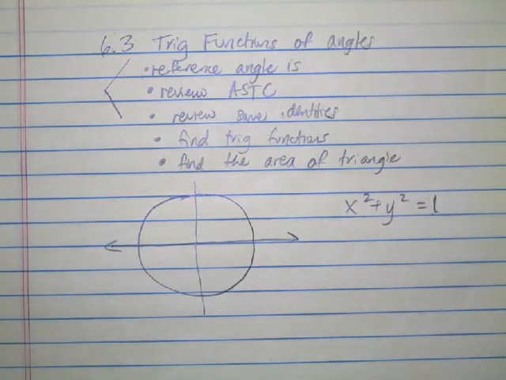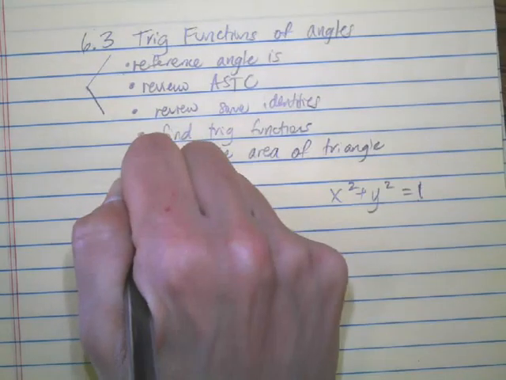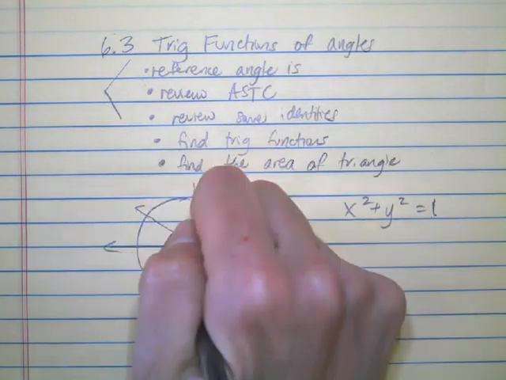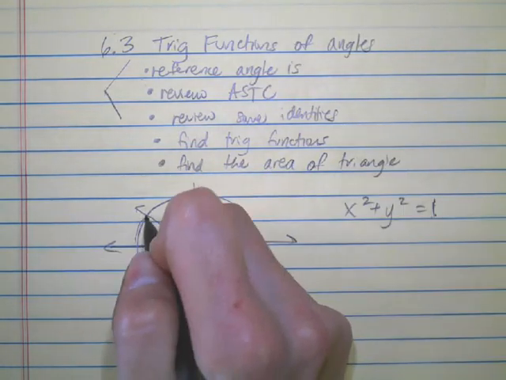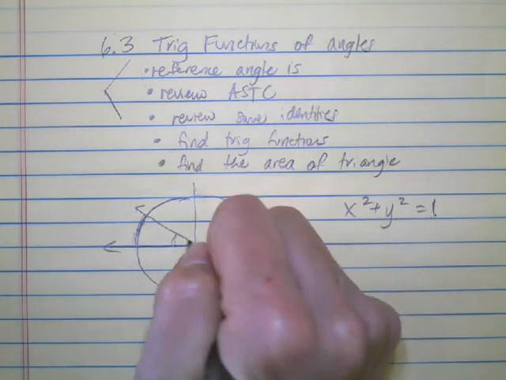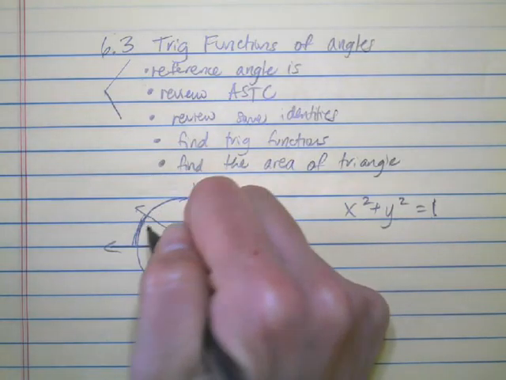So, the reference angle is, like, let's say we're in this quadrant. It's the shortest distance to the x-axis, whether that is inside the angle or outside on the circle. Remember, inside is degrees, outside is radians. So, in this case, even though this is in quadrant 2, the shortest distance is down to the right.